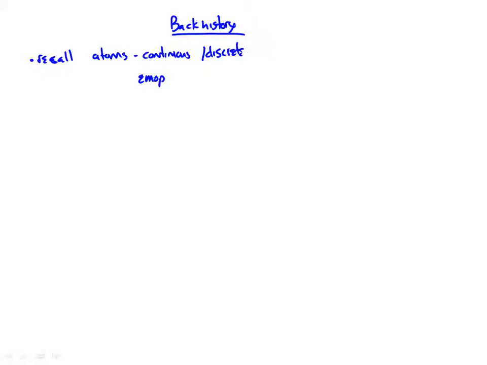Atoms are either continuous or discrete, meaning there's a smallest indivisible part, or what Empedocles and those guys said is things like air, earth, wind, and fire, and that you could have any amount of an atom, that there wasn't a fundamental unit like a single atom.